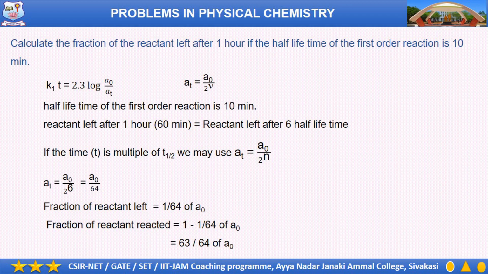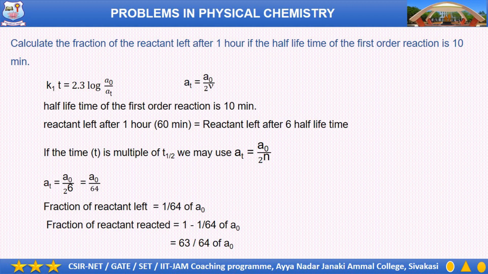If it is not a multiple of the half-life period, then you should go for using the other type of equation. How to use that type of equation? We will see it shortly. Therefore, what is the amount left? How many half-lives are there? 6 half-lives are there. The initial concentration, let us assume A naught. Therefore, A naught by 2 power 6 is the amount left.